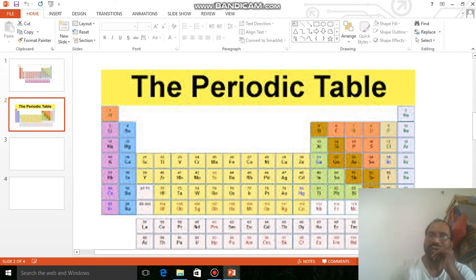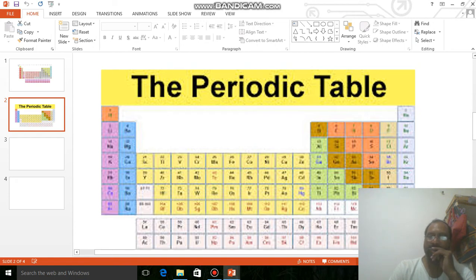Whereas the fourth group, what is the general electron configuration? That is ns2, np2. Like that, fifth group ns2, np3, sixth group ns2, np4, seventh group ns2, np5, and eighth group or zero group ns2, np6. These are the general electron configurations of P block elements.